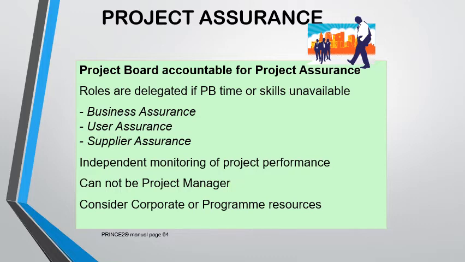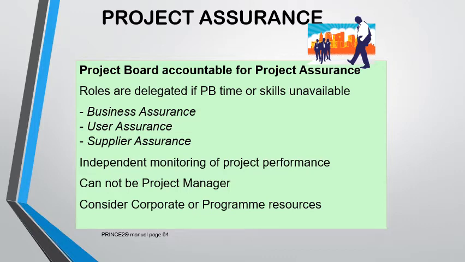No. So the project assurance represents interests. Therefore, the project assurance role that represents the business interest is known as the business assurance. The project assurance role that represents the user interest is known as the user assurance. And the project assurance role that represents the supplier interest is also known as supplier assurance.